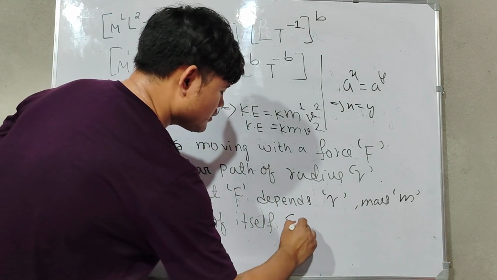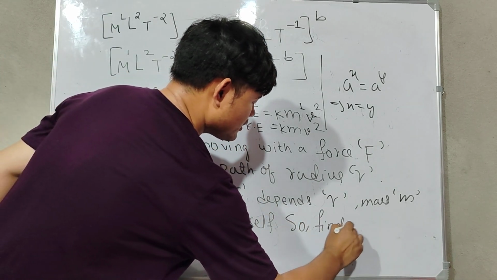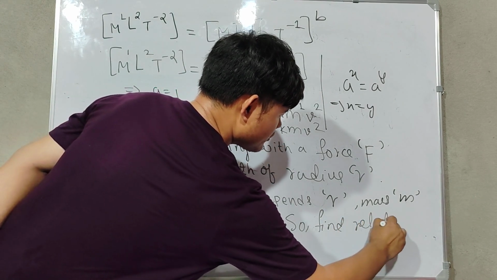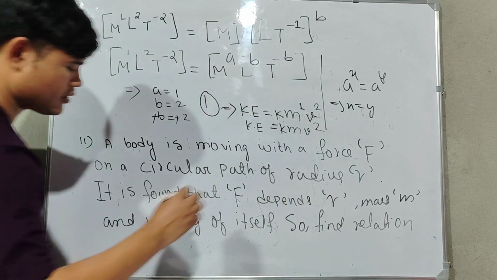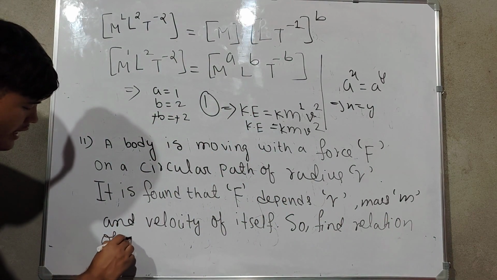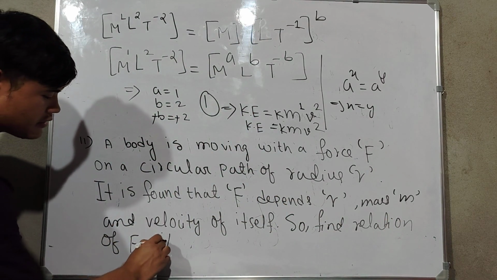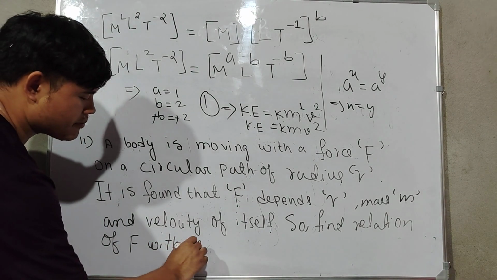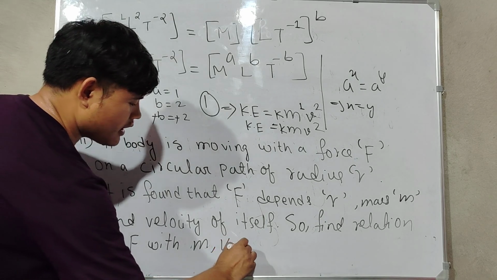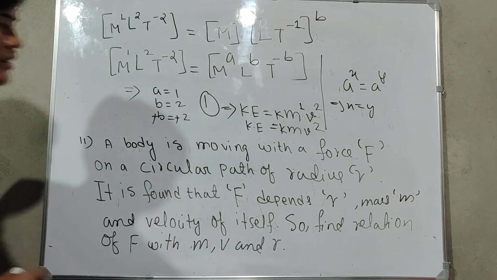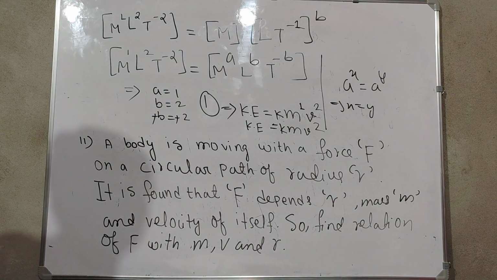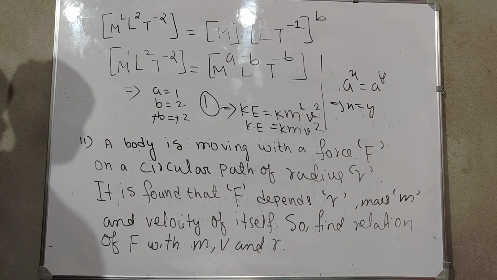So find the relation of F with m, v, and r. Write down the question and pause it, and you try to do it yourself.